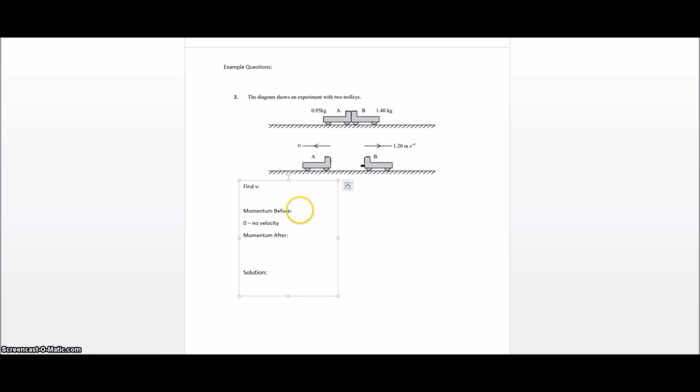Looking at the diagram, before there is no momentum. The trolleys are stationary and so have velocity 0, and therefore we know that there is no momentum. The momentum after, however, is 1.2 times 1.4 plus 0.95 times this v that we have to find.